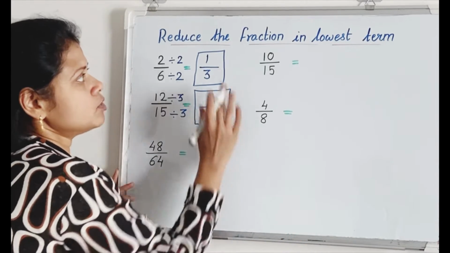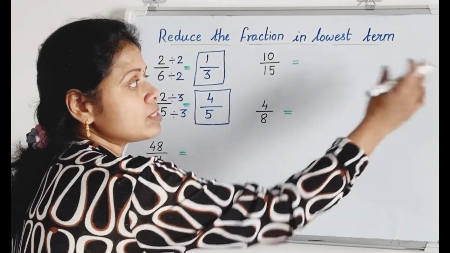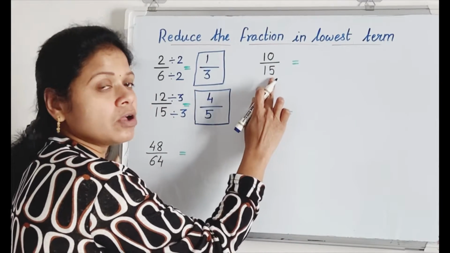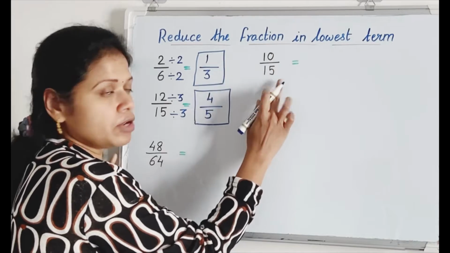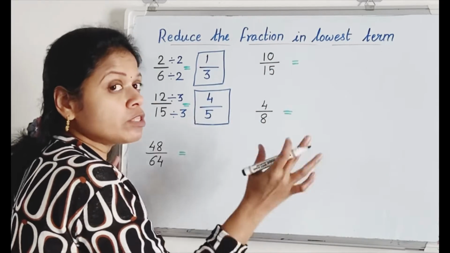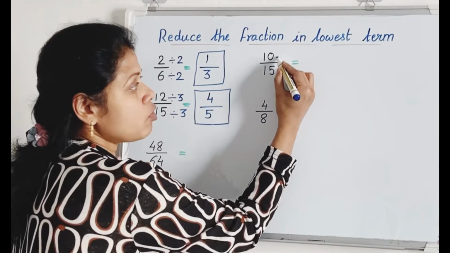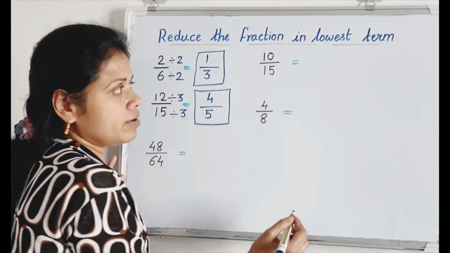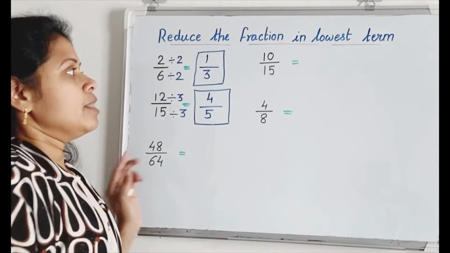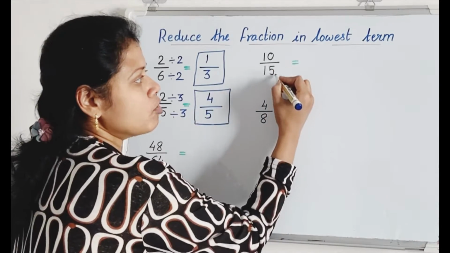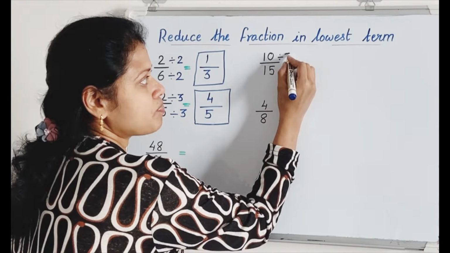So to reduce a fraction to its lowest term, just take the fraction and find the common factor of the numerator and denominator. The numerator and denominator, 10 and 15, are multiples of 5. So the common factor of both 10 and 15 is 5.